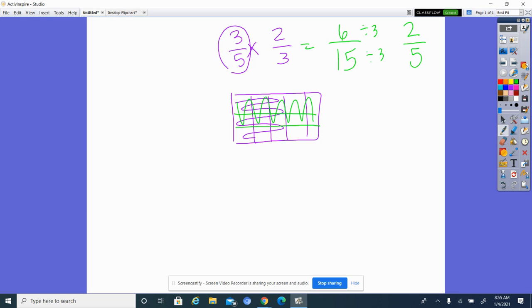Okay? Tell me if that's in simplest form. Yes. Why? Because 2 can't be divided by 5 and 5 is prime. 5 cannot be divided by 2 and 5 is prime. And is 2 prime? Yes. 2 is a rule breaker, right? He's naughty.